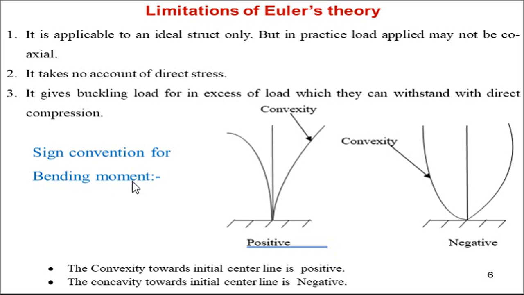That's why Euler's theory is mainly useful for long columns which have buckling stresses. And also the limitations, sign conventions and assumptions are there, based on which we can analyze our member. So I hope you understood this topic of unit number 6, loaded columns. Thank you very much.